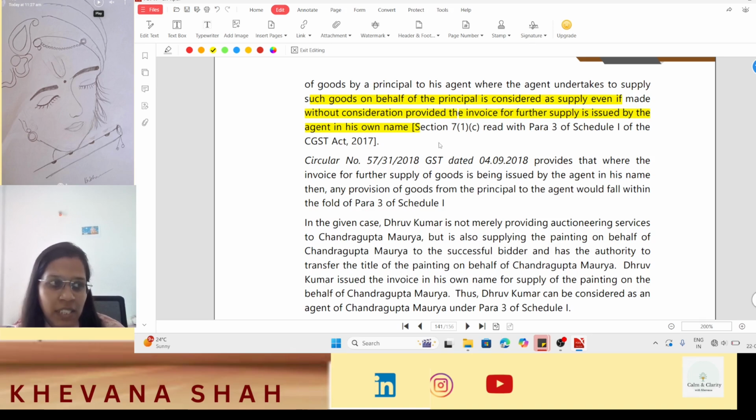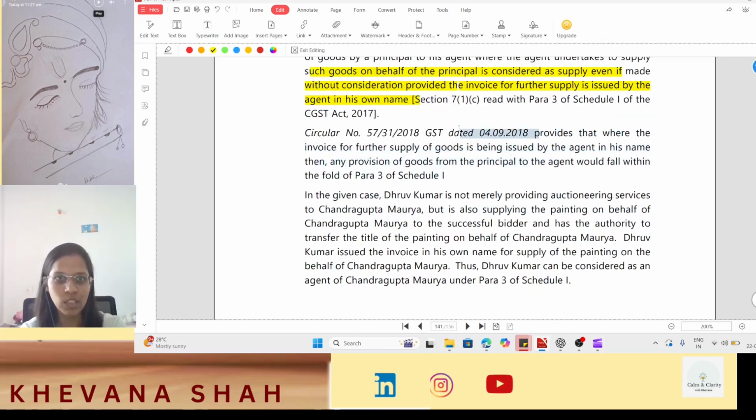So in this given case, we saw that the agent has invoiced in his own name, so it will be. Okay. So further, the circular states that where the invoice for further supply of goods is being issued by the agent in his own name, then any provision of goods from principal to the agent would fall within the fold of para 3 of schedule 1. So it will fall under schedule 1 as deemed supply.